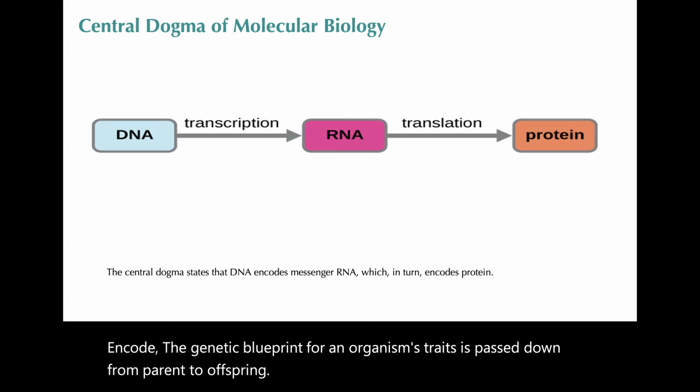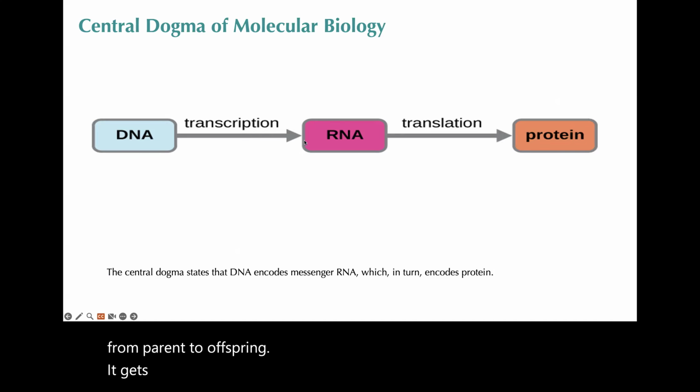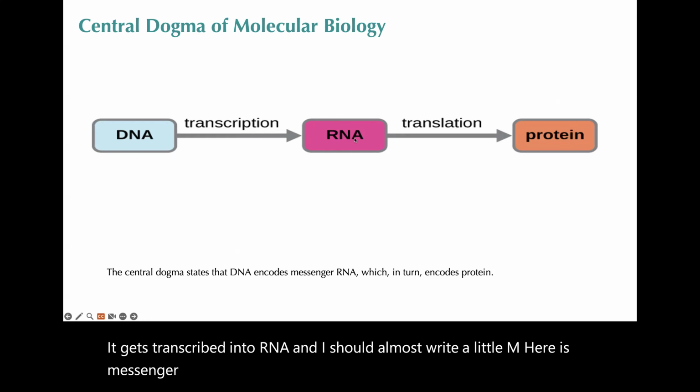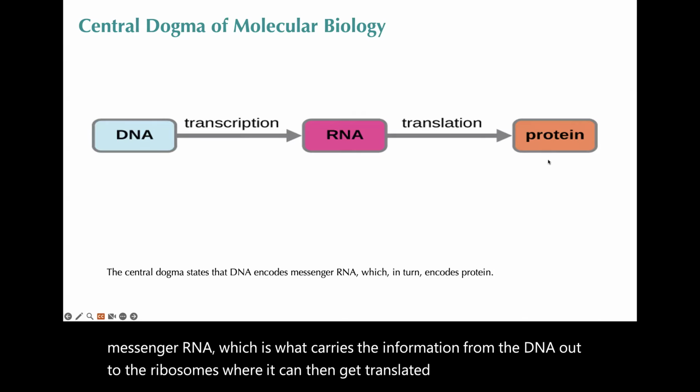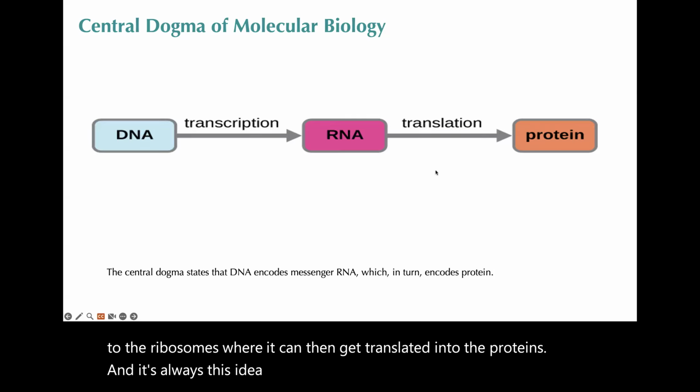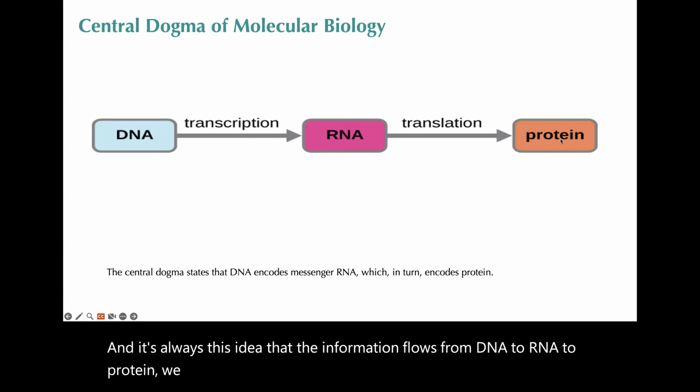It gets transcribed into RNA, and I should almost write a little M here as messenger RNA, which is what carries the information from the DNA out to the ribosomes where it can then get translated into the proteins. And it's always this idea that the information flows from DNA to RNA to protein. We never flow back, say, from protein to RNA.